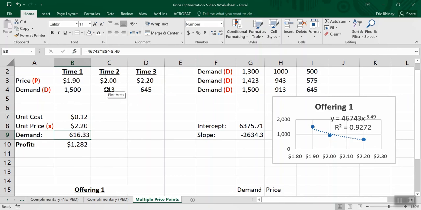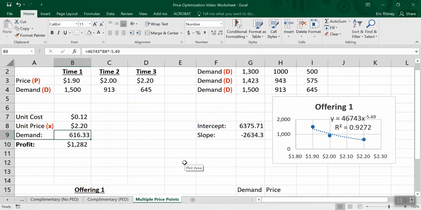If we only had these two price points without this third one, we might not necessarily see that this curve occurs. If we only had these two price points, we might do a linear equation that goes straight down this way, and that's not accurate in terms of this data. Or if we had the second two price points, then we might see a linear equation that is kind of flat this way.